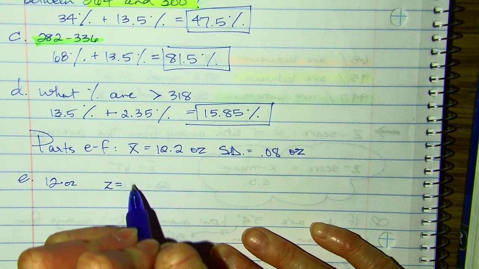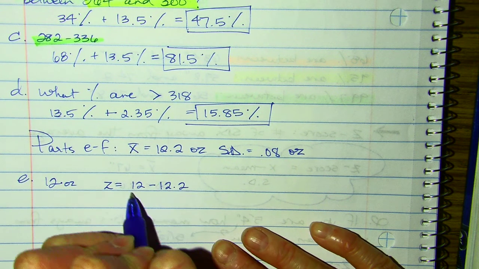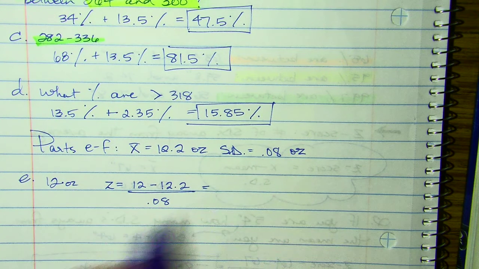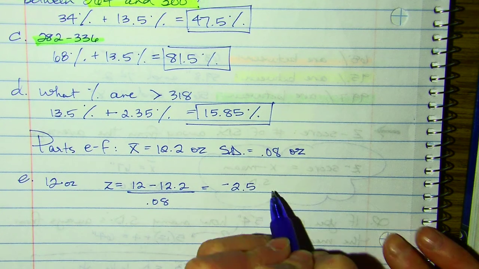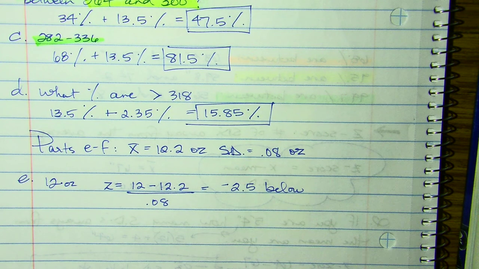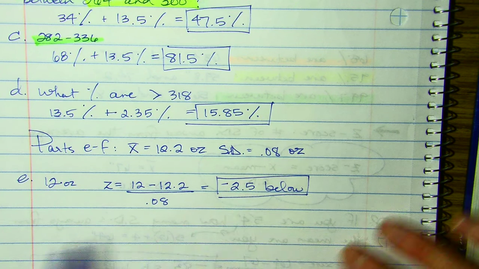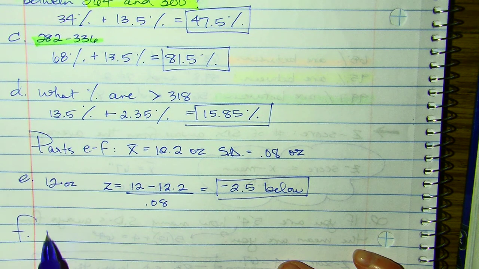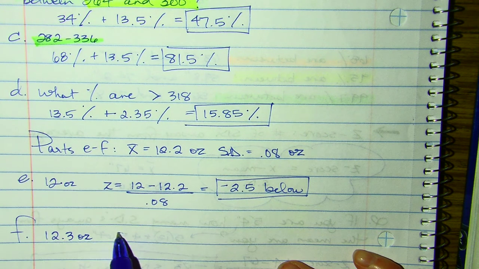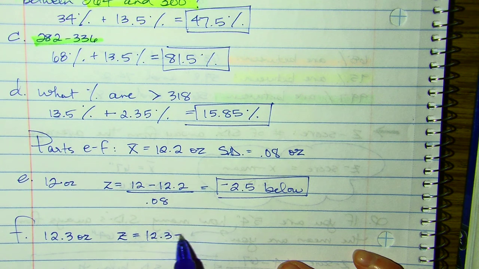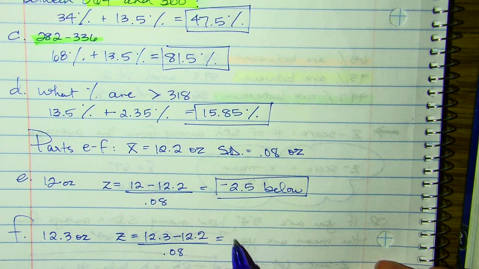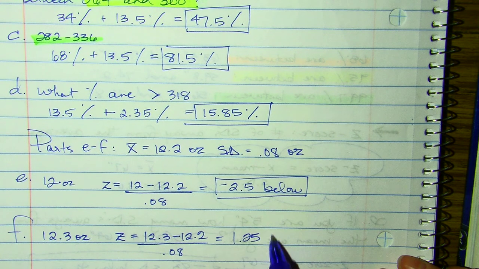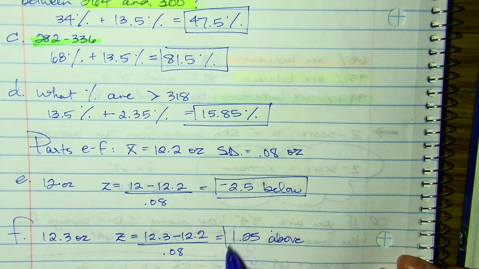So Z equals 12 minus our mean divided by our standard deviation. 12 minus the mean divided by 0.08, and I get negative 2.5, and because it's negative, we would say below the mean.